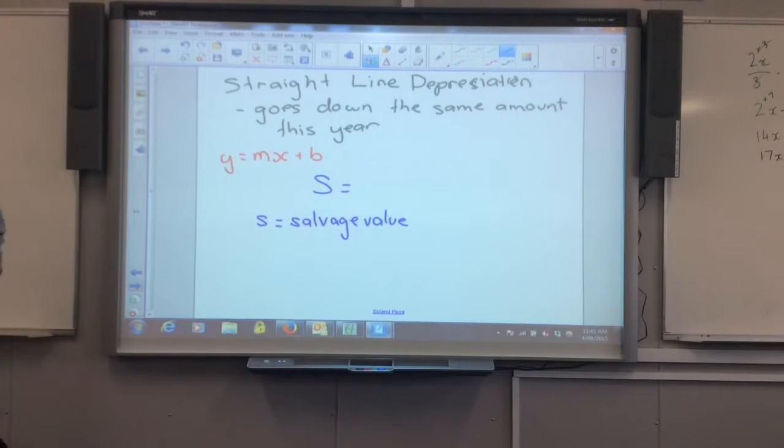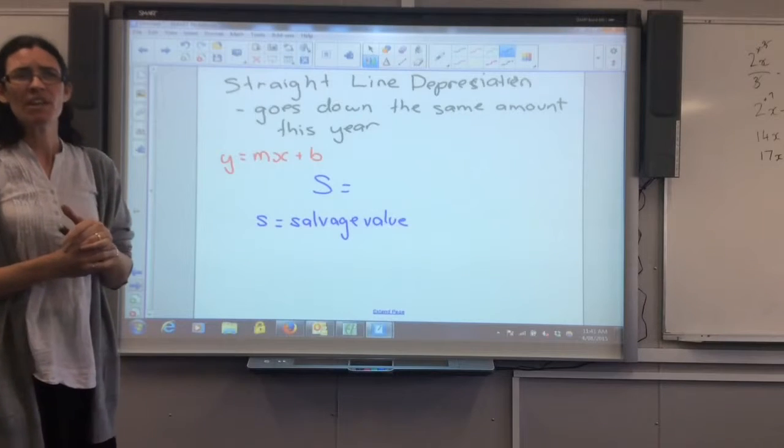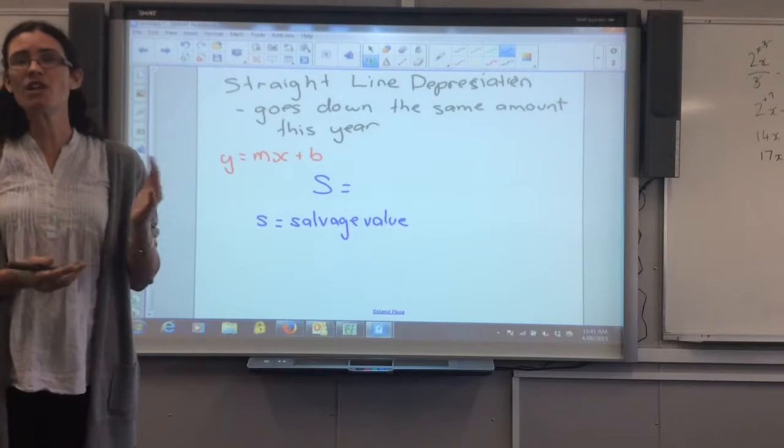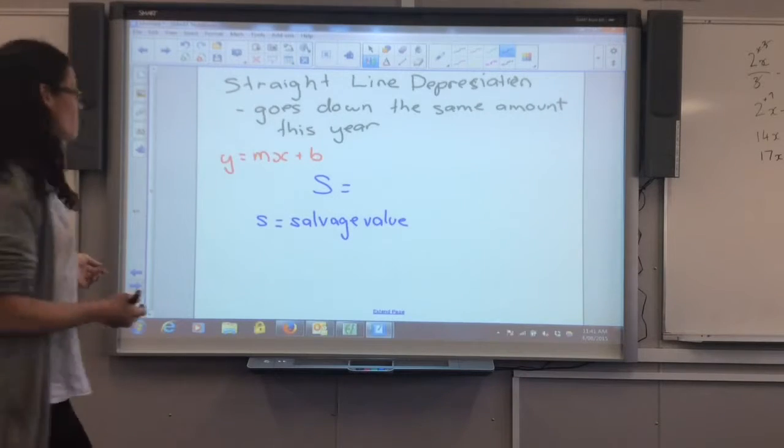So S stands for salvage value, what it's worth, or what you would salvage if you sell it. The b, the y-intercept. Remember, the y-intercept is where you cross the y-axis. If we're looking at the beginning of when you owned the car, what is the car worth? It's worth how much you paid for it. We're going to call that V0, for its initial value.